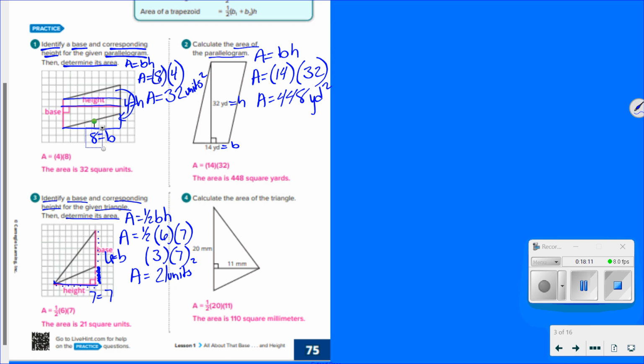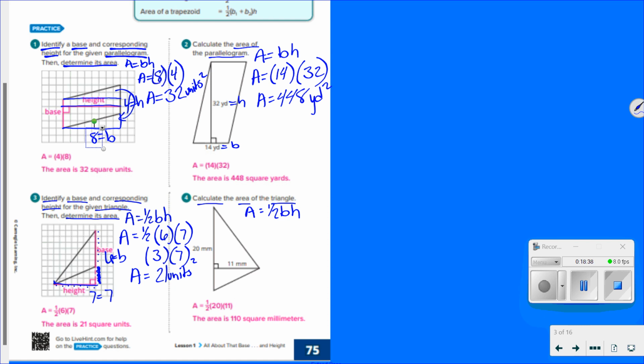All right, number 4 says calculate the area of a triangle. What's my formula? Area equals 1/2 base height. All right, I've got a magic square, and I've got 2 numbers.